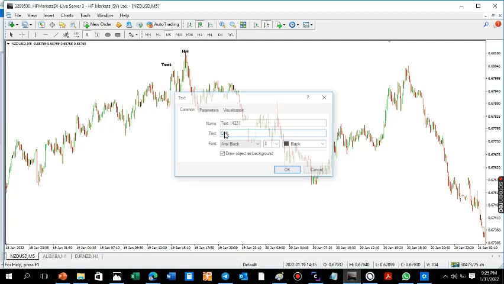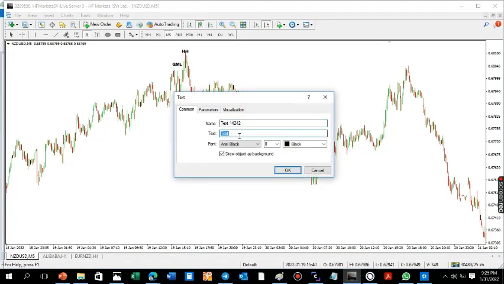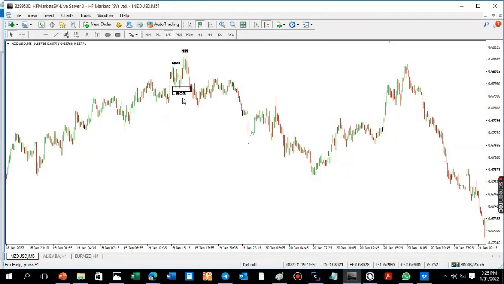This is my higher high right here, and this is what I'll call my QML. I'll show you in a minute. This is my QML. I actually had a dual resistance here, and then this is my low and break of structure right here. Very, very important. So I like to do this.